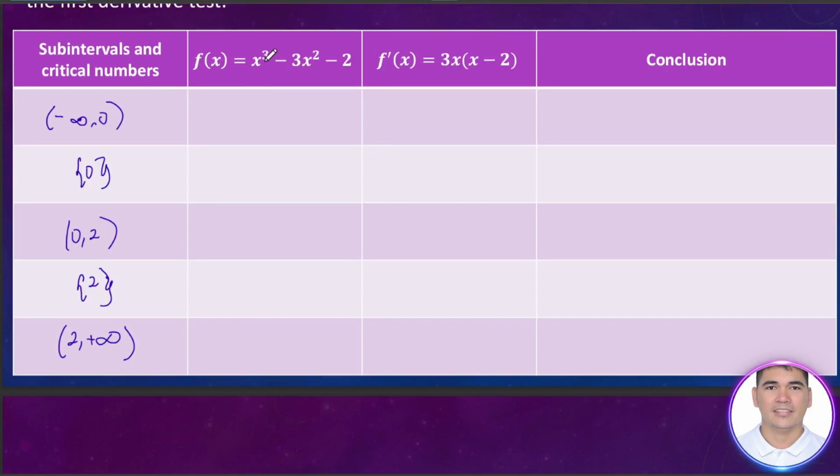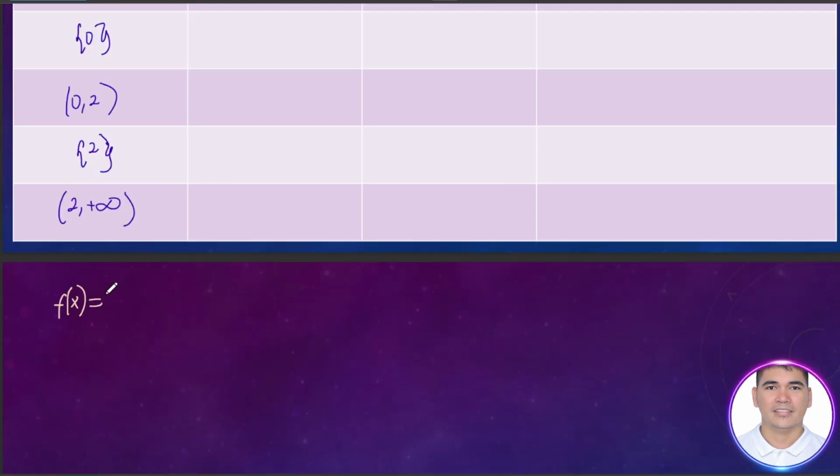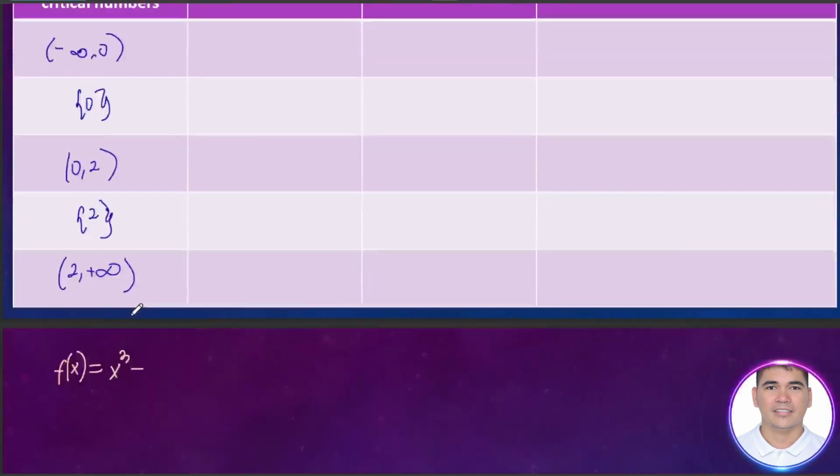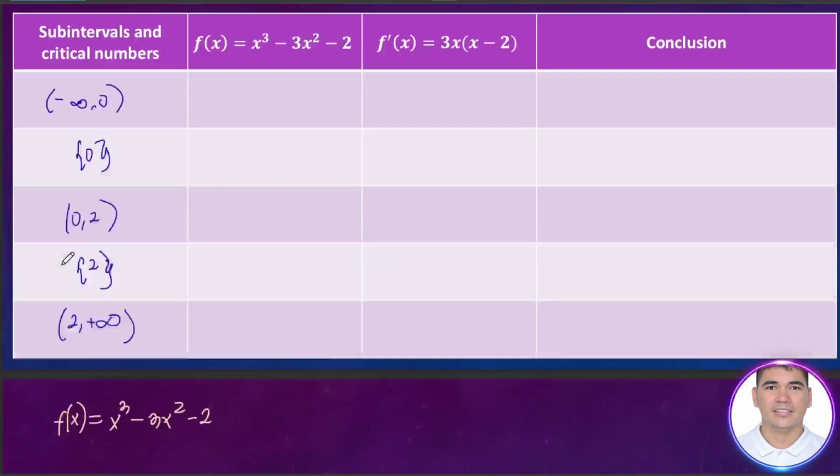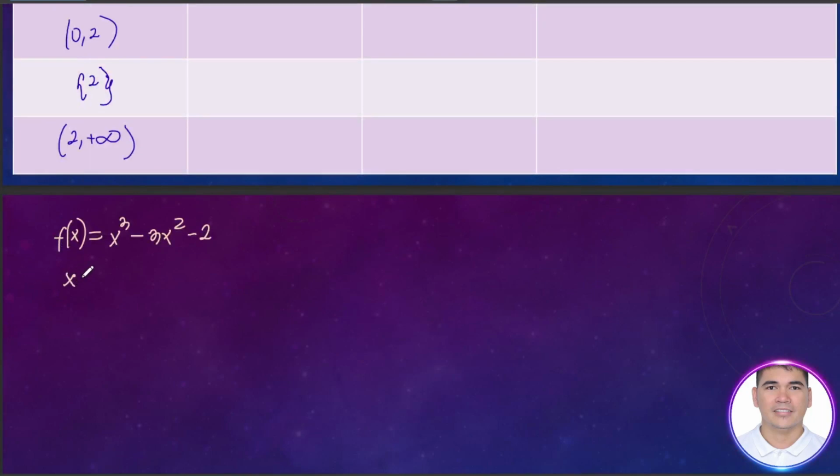Inserting 0, so f of x equals x cubed minus 3x squared minus 2. Substituting x equal to 0, we have 0 cubed minus 3 times 0 to the power 2 minus 2. So the answer is negative 2.